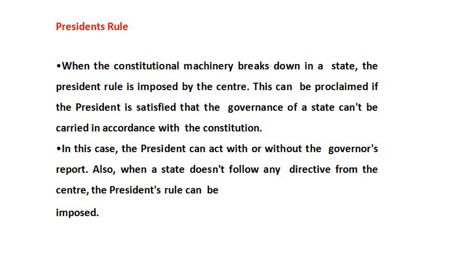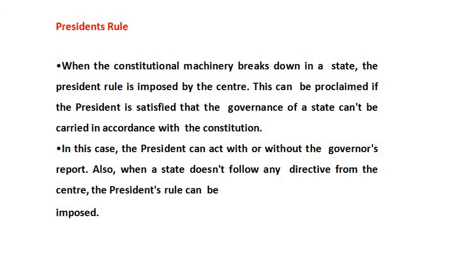Then the president's rule, you can say, the state emergency. When constitutional machinery breaks down in a state, the president's rule is imposed. The governor asks the president to impose the presidential rule on a state. This can be proclaimed if the president is satisfied that the governance of a state cannot be carried out in accordance with the constitution.